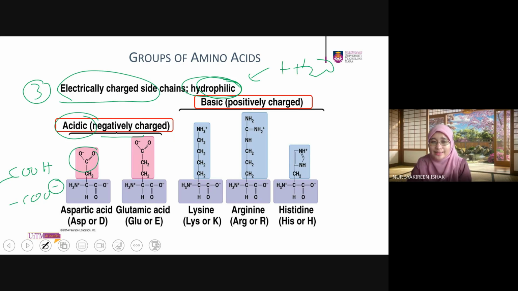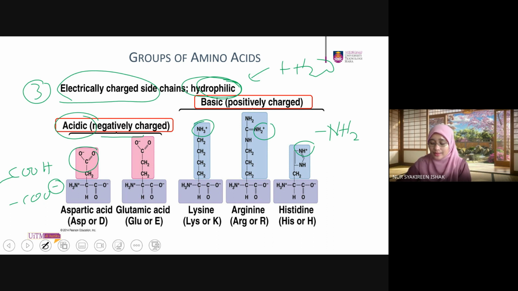And as for the basic amino acid, if you look at the side chain, it has a positive charge due to the presence of an amino group. The amino group initially has the formula NH2. So when it is ionized, it becomes NH3 plus.